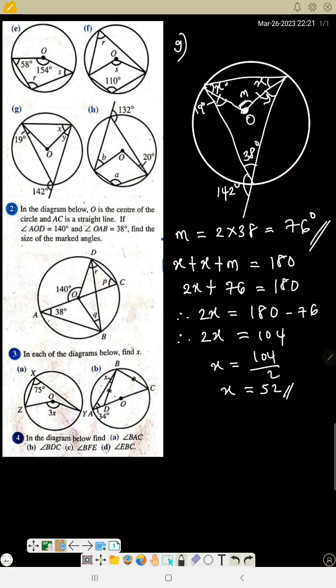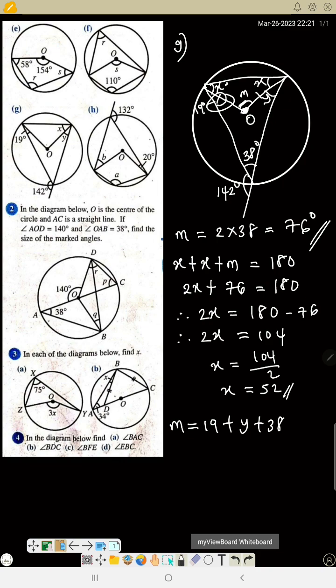So what's the previous video? So you will remember the theorem. That means M should be equal to all those angles there. So M is equal to 19 plus y plus 38.